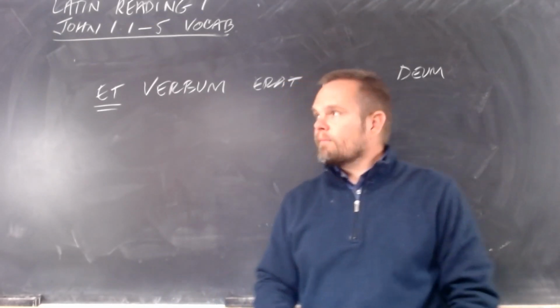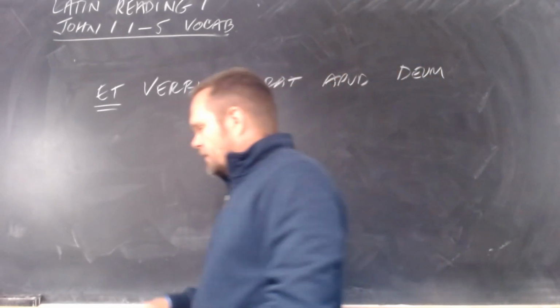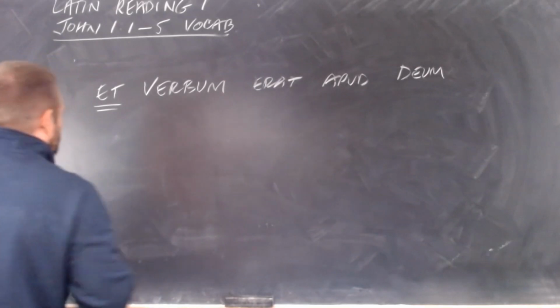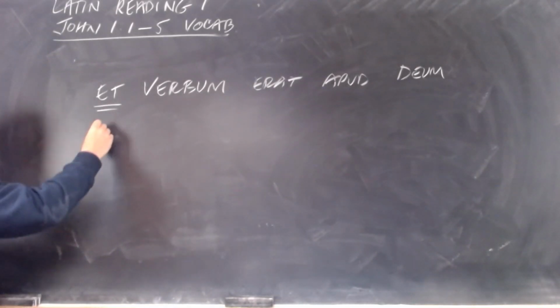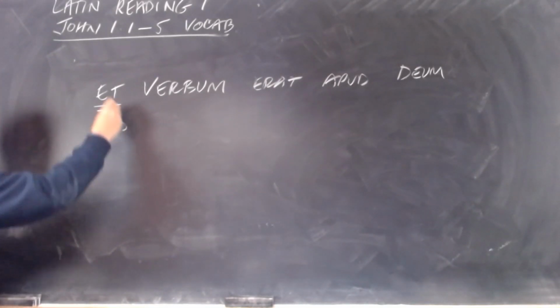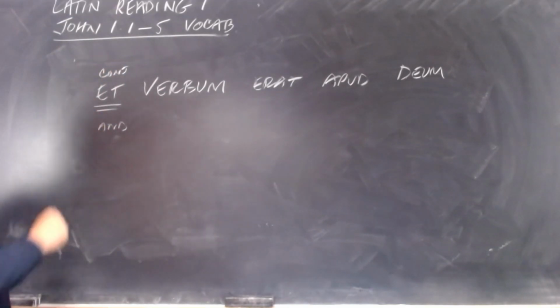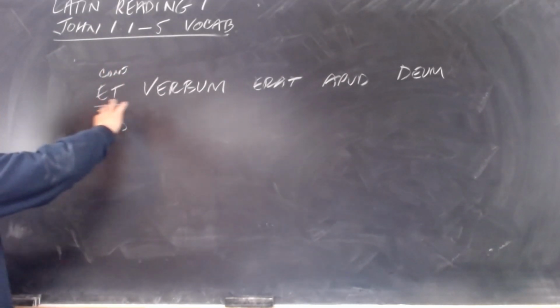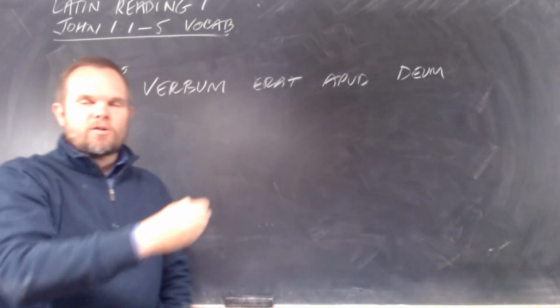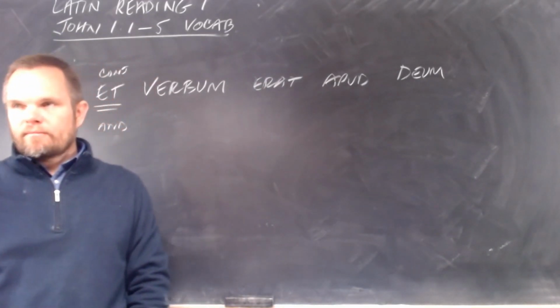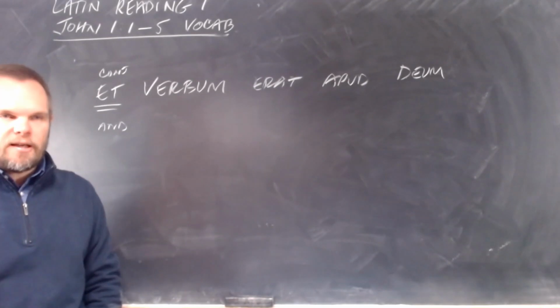All right? If you look it up in a dictionary, you'll find that it means and. It's a conjunction. What the word et does is it joins this phrase to the phrase we just read. It joins the 2 phrases together.